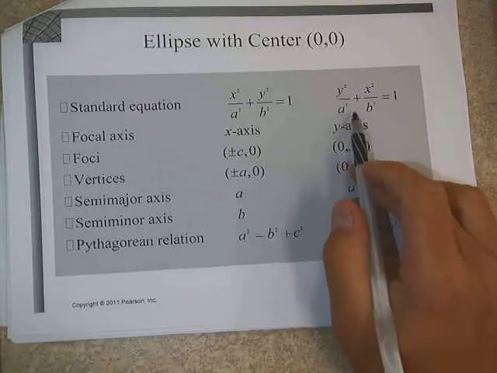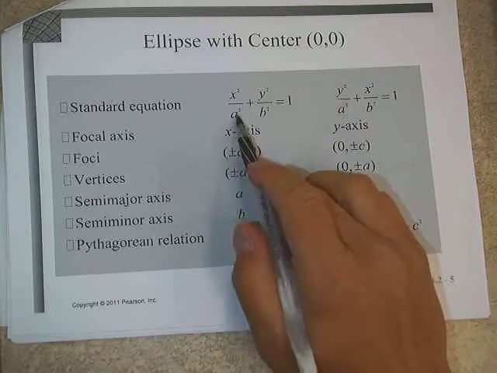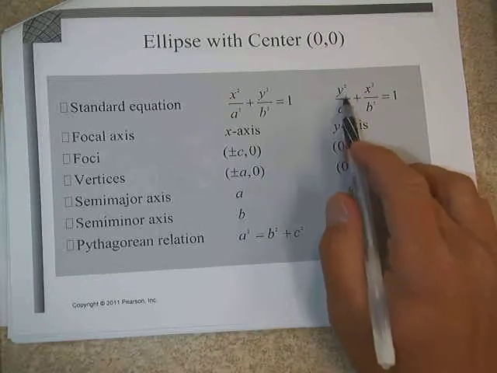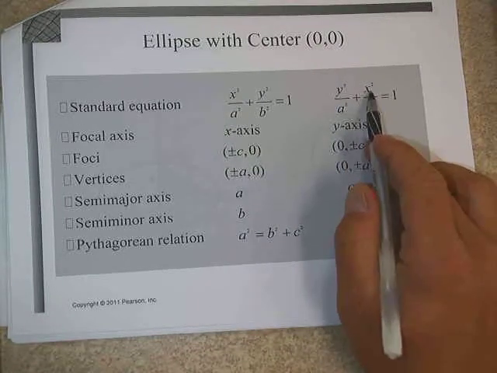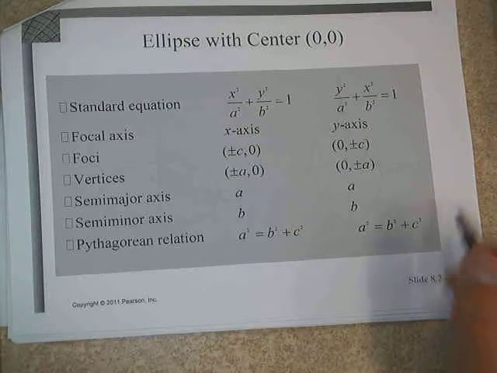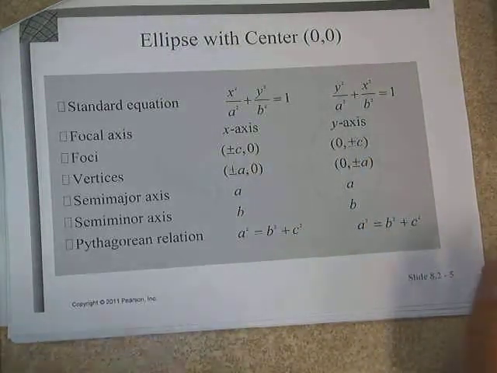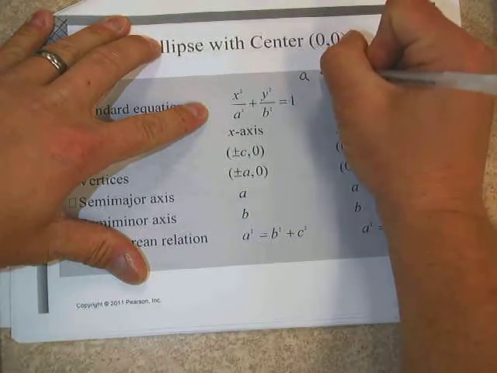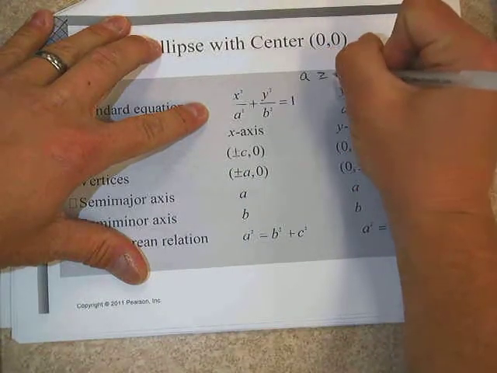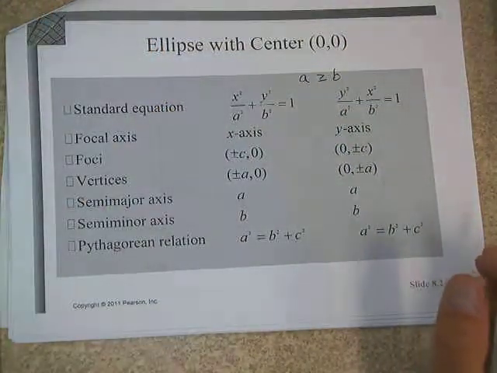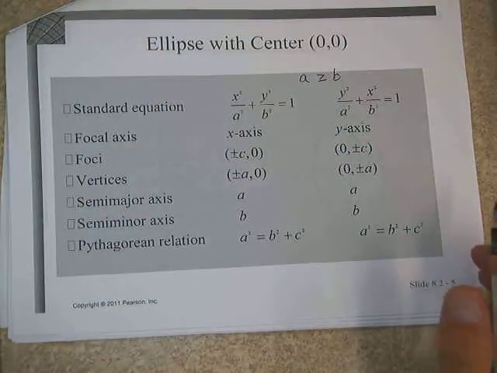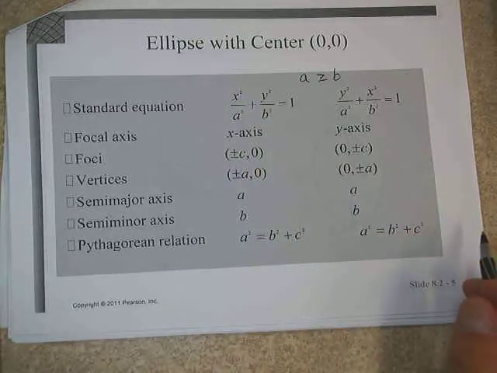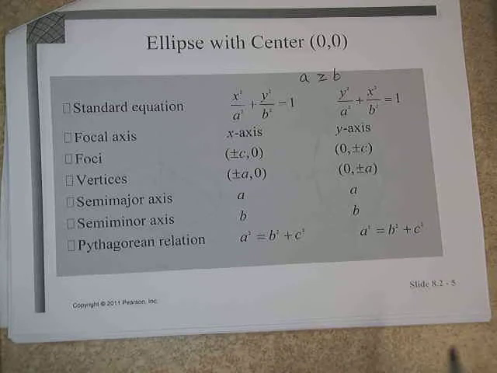Keep in mind that the way to tell the difference between these two, because we know that addition is commutative, is that this one has the a squared underneath the x squared and the b squared underneath the y squared, whereas in this one the a squared is underneath the y squared and the b squared is underneath the x squared. What you want to recognize here is that with an ellipse, a is greater than or equal to b.